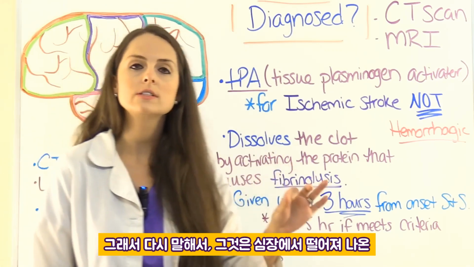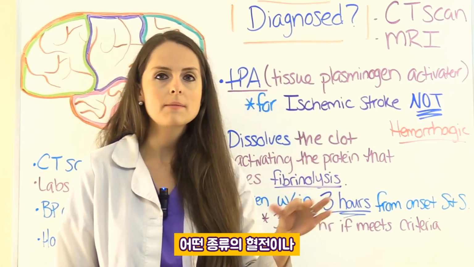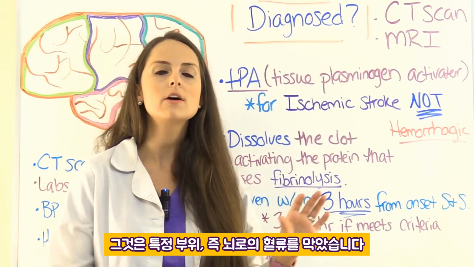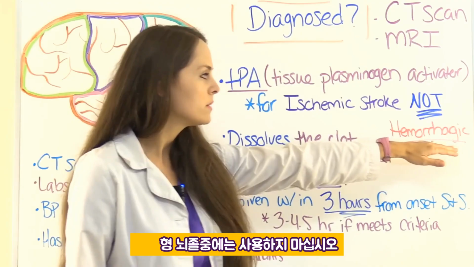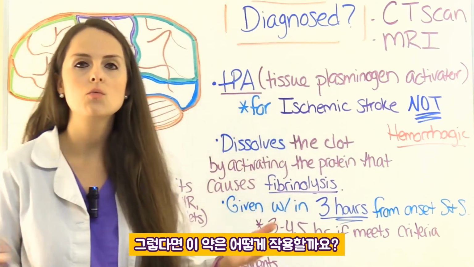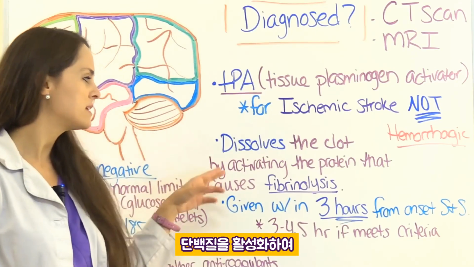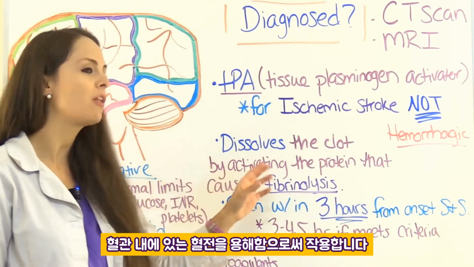So again, those were the type of strokes that were caused from a clot of some type that's maybe broke off from the heart or is formed in the brain, and it's stopping blood flow to a certain area of the brain. It is not for hemorrhagic type strokes. So how does this medication work? It works by dissolving the clot that is found within that vessel by activating the protein that causes fibrinolysis.